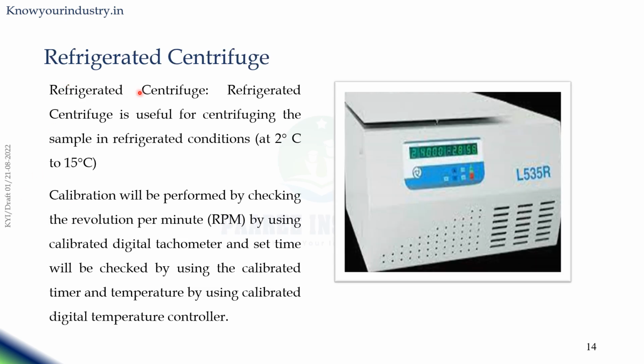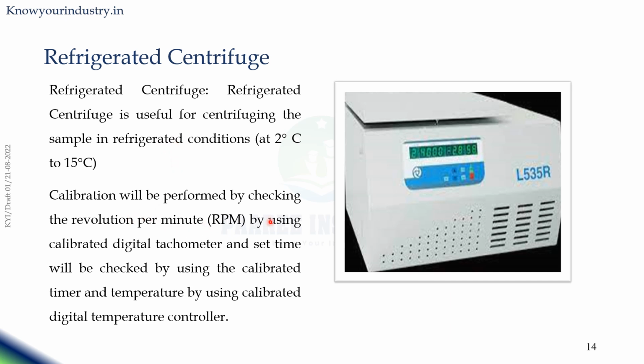Another instrument is the refrigerated centrifuge. It is a kind of centrifuge for which you can use a lower temperature for the centrifugation process. So materials which can be affected by temperature or heat can be used in this particular centrifuge.